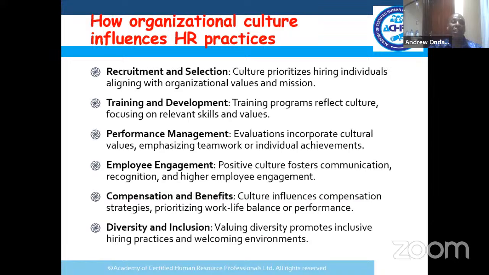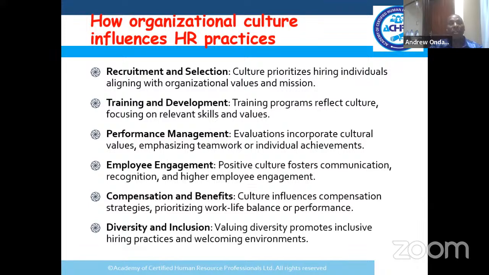How does organizational culture affect HR practices? And again, it goes to all the HR functions that we have mentioned before. Recruitment and selection is an area which is affected by our culture related to our hiring practices. So the way we hire people reflects our culture.